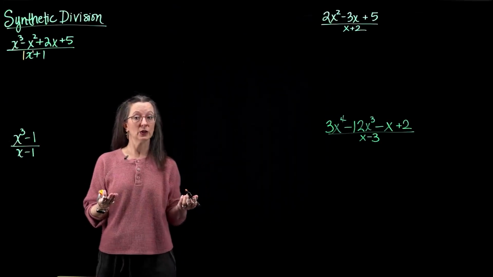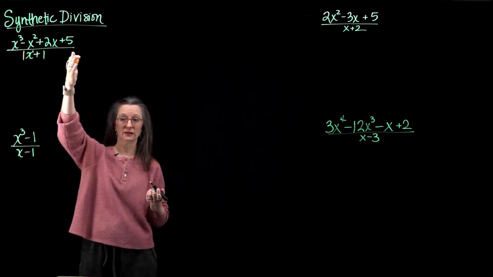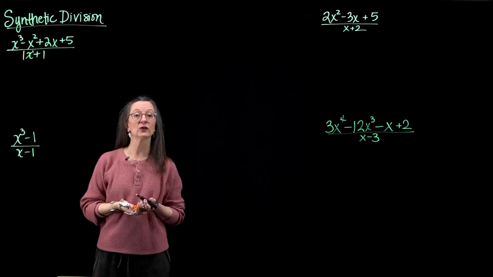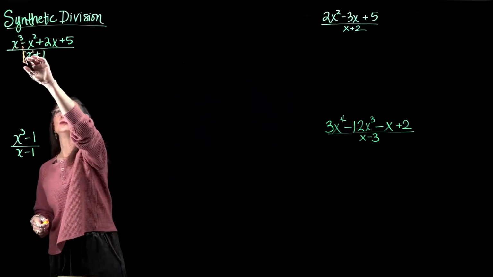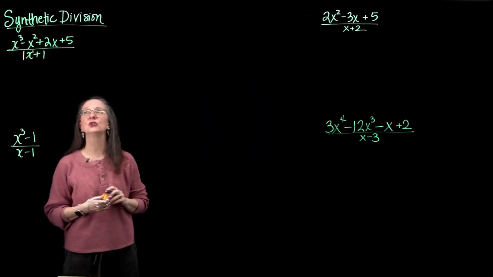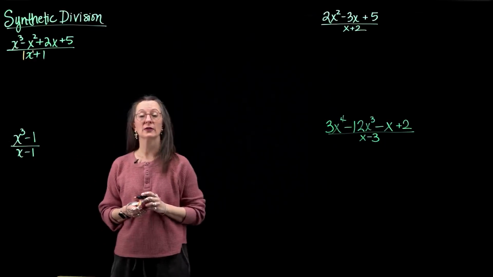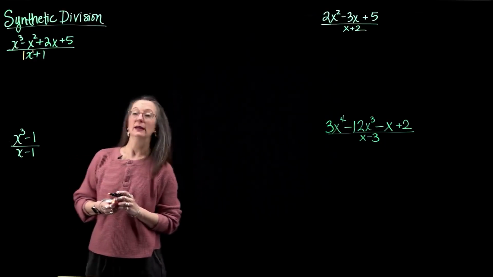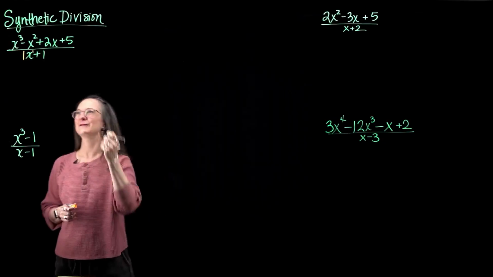So what we want to do is start by writing out the coefficients of the polynomial we're dividing. In this example, I have x cubed minus x squared plus 2x plus 5, and I'm dividing it by x plus 1. By the way, this is the same example we started with in long division.